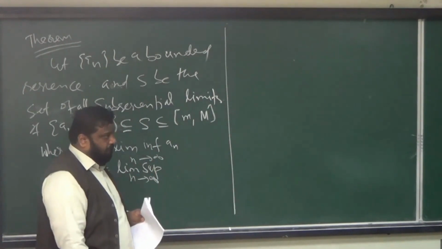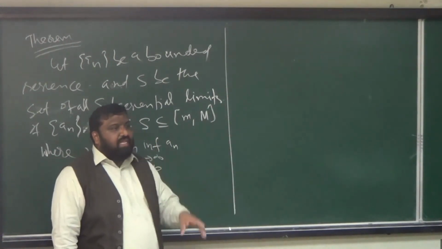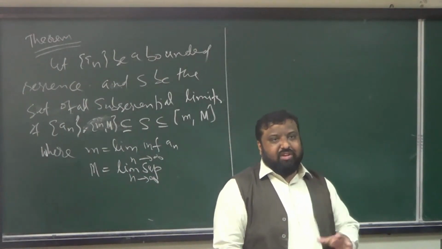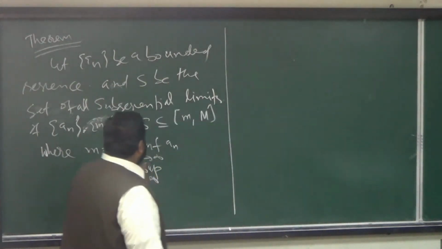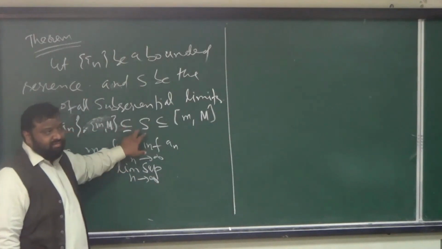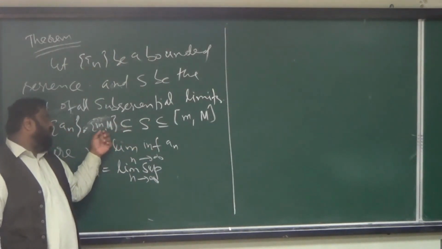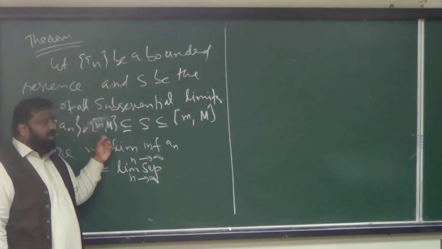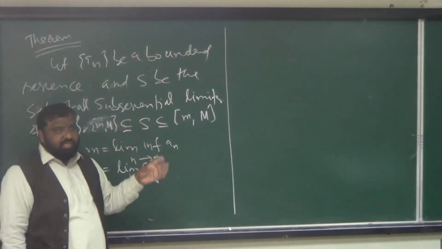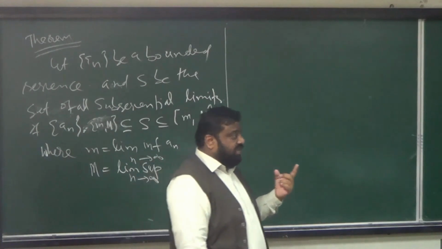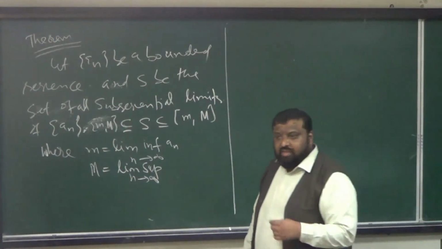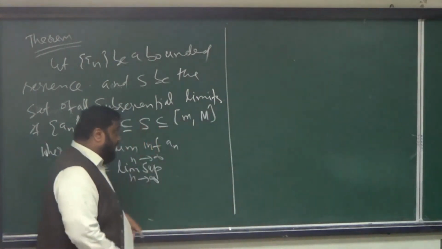Why? Because imagine the sequence is bounded and convergent. Then this S is going to be a singleton. So m is going to be equal to M, and all of the subsequences are going to converge to the same number. In other words, this S must be a singleton, it's just going to contain one element. So you can have equalities.